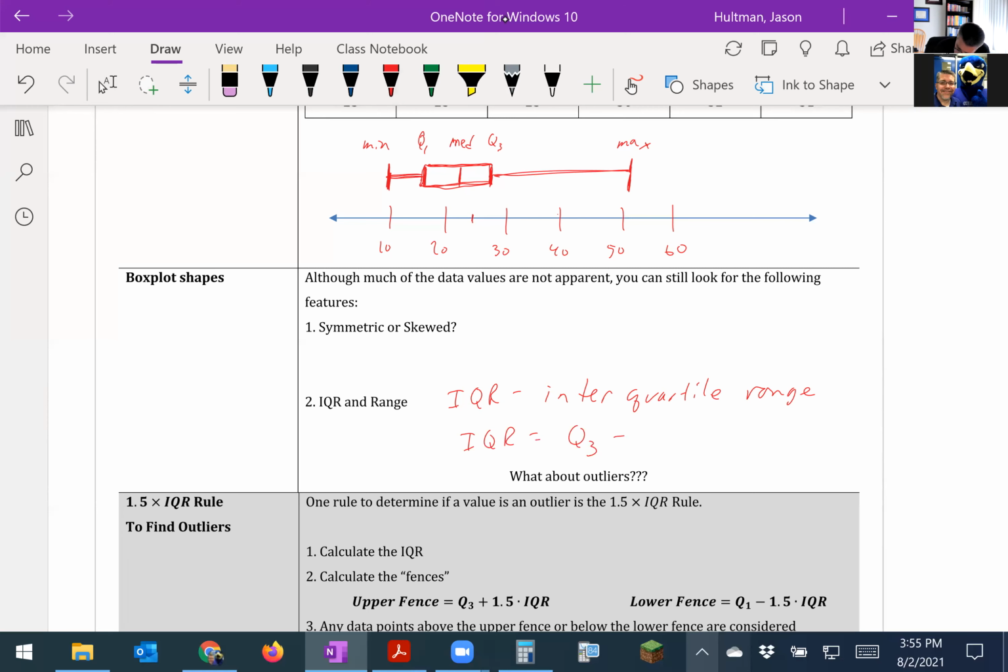Sometimes that range can be really big, and sometimes it can be really, really small. This is the sides of the box, the length of the box. We don't even have to worry about the size. It's just the length of the box.